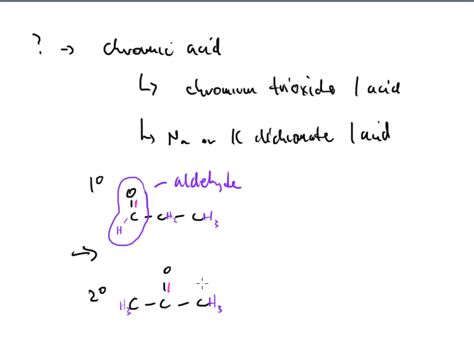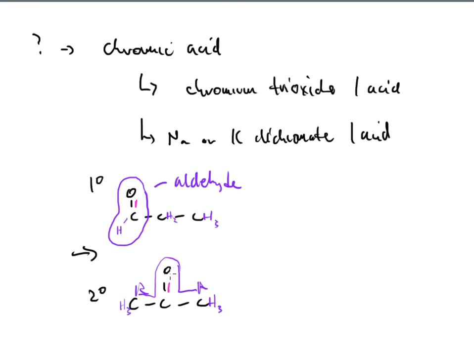Now with the secondary version, a secondary alcohol will oxidize. I can see that carbon's in the middle. That carbon does not have hydrogen on either side of it. So this C double bond O with an R group to the left and an R group to the right, where R means any random R group, means that this C double bond O is in the middle of a molecule somewhere.